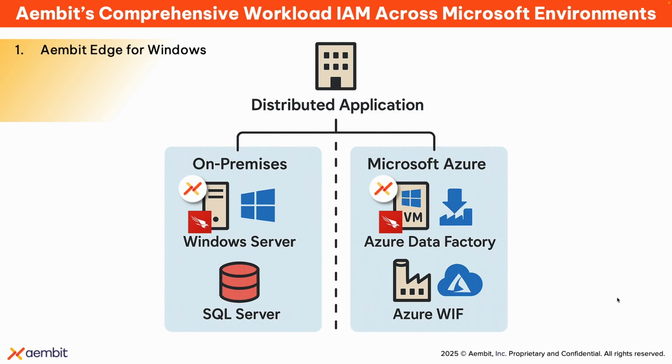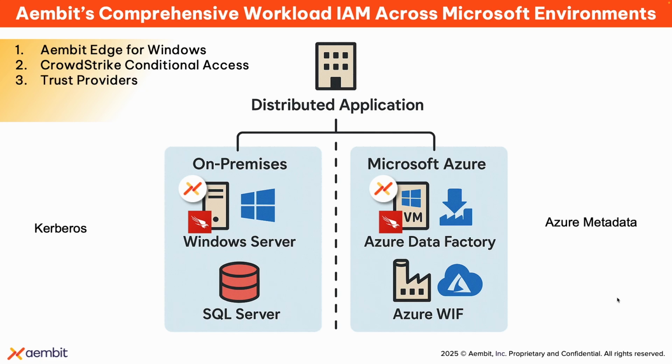Now we have the Aembit Edge, both proxy and controller, that runs on Windows servers, either physical servers or virtual machines. We also provide CrowdStrike conditional access now for Windows servers, so we can get things like the state of the server and a lot more information to ensure that the system is compliant and that we should allow the access policies for workloads to actually go through.